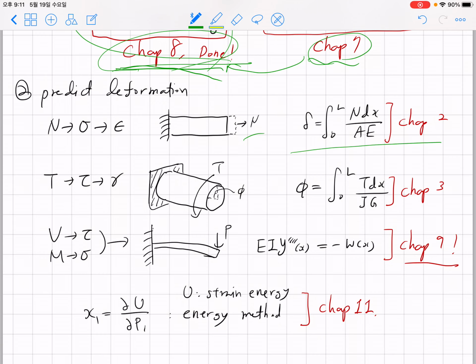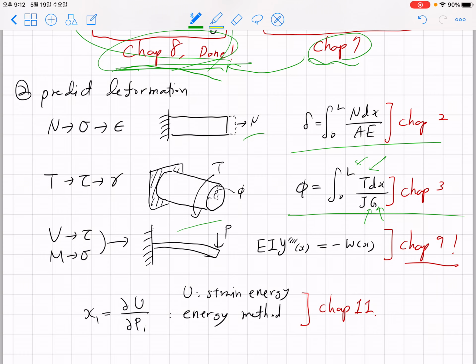We discussed how much displacement we can expect under torsion. We also discussed how much twist angle we can have, given the length, the cross-sectional area, the material property, and the applied torque T.